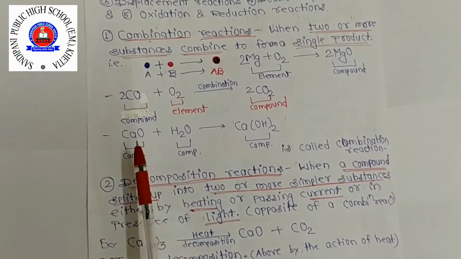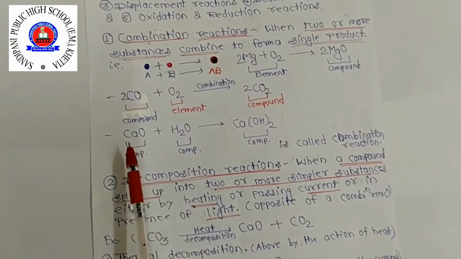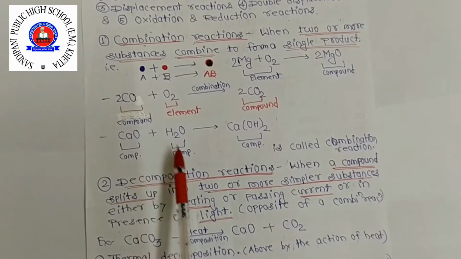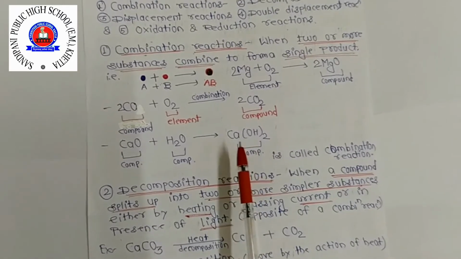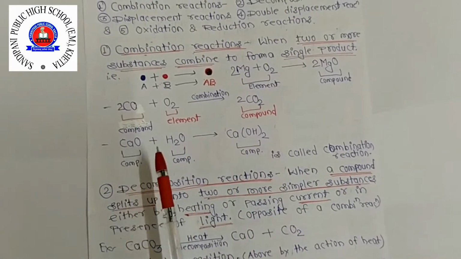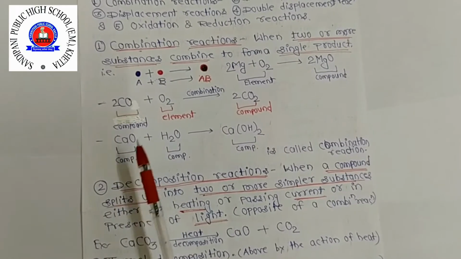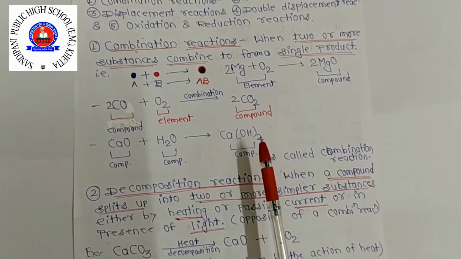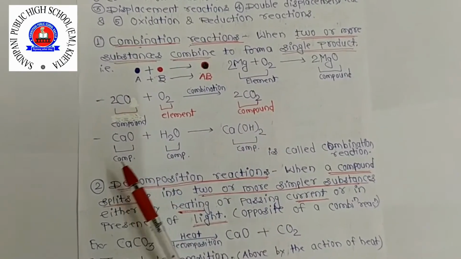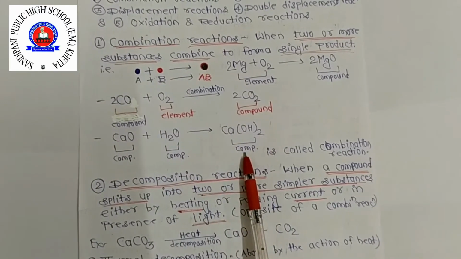Next, compound reacts with compound, meaning two or more compounds react together and form a new product. So calcium oxide combines with water to form calcium hydroxide. Here we see that compound reacts with compound and we get a new compound.